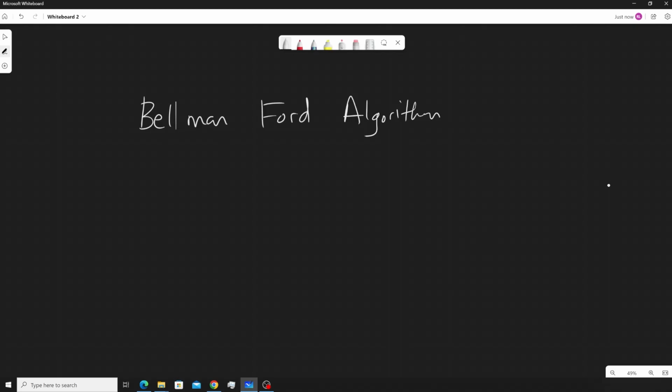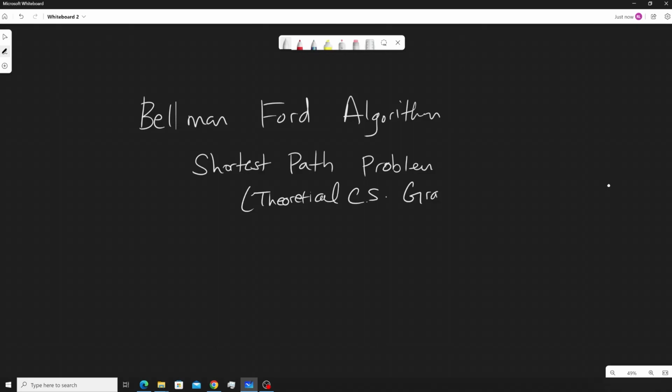So it's a solution for the shortest path problem. Okay, so the shortest path problem is this theoretical computer science graph problem which uses a theoretical computer science algorithm to solve.